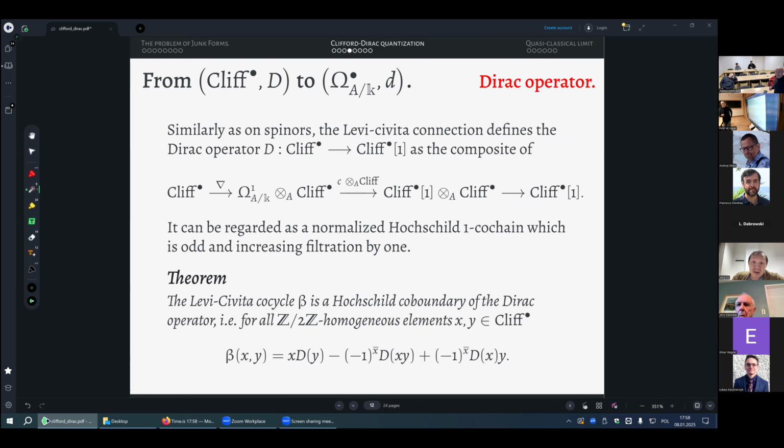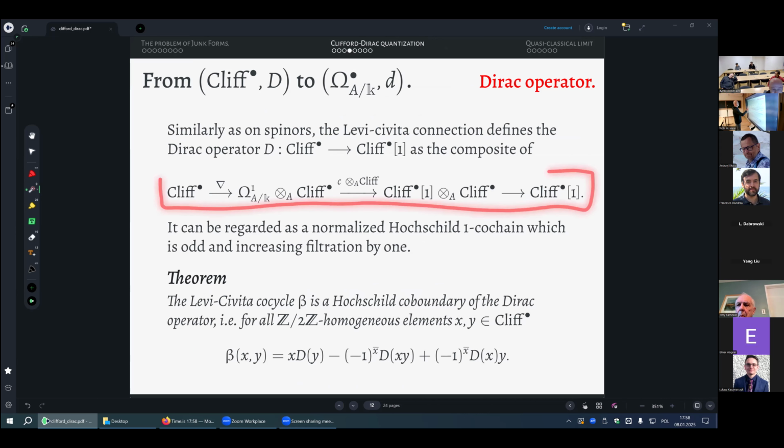And now we can speak about the Dirac operator. Similarly as on spinors, you can construct the following canonical composites of these maps, and then you obtain the Dirac operator on the Clifford algebra itself. This is a map from the Clifford algebra of degree 1.